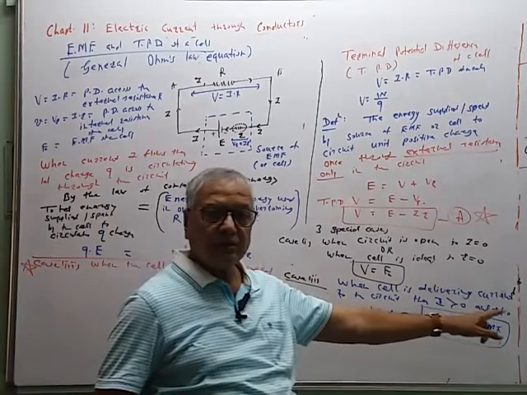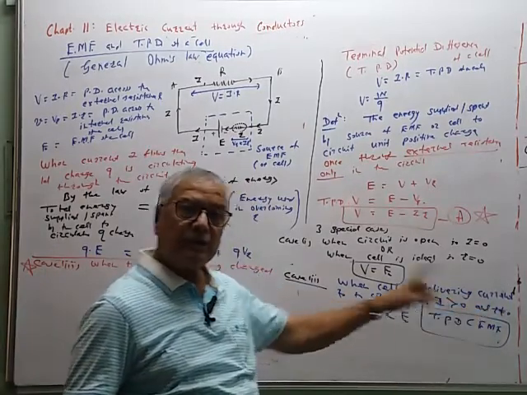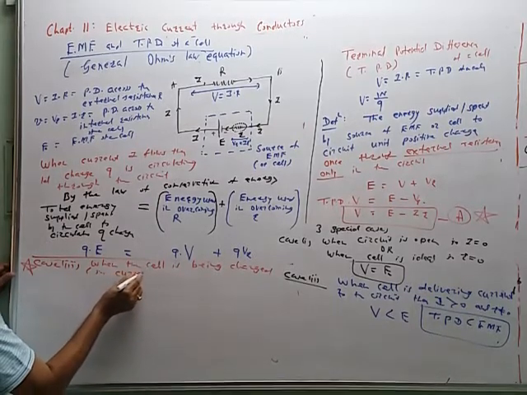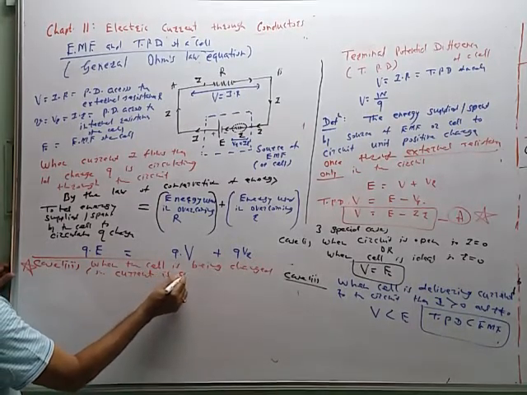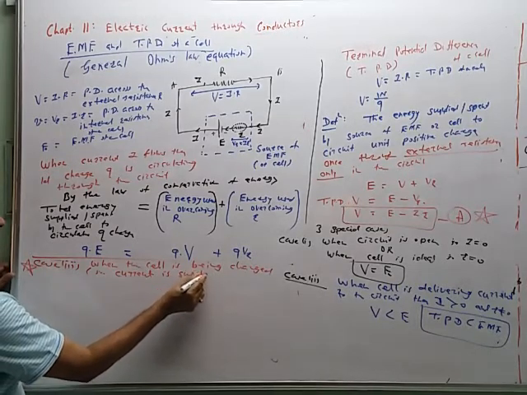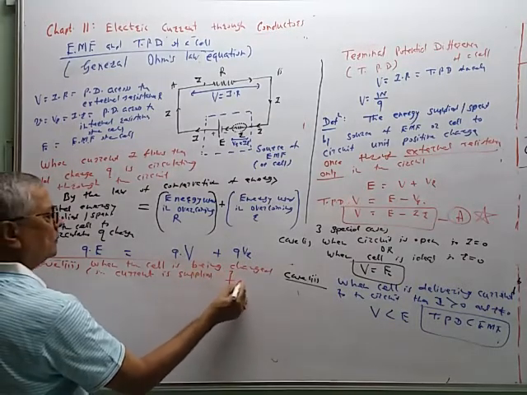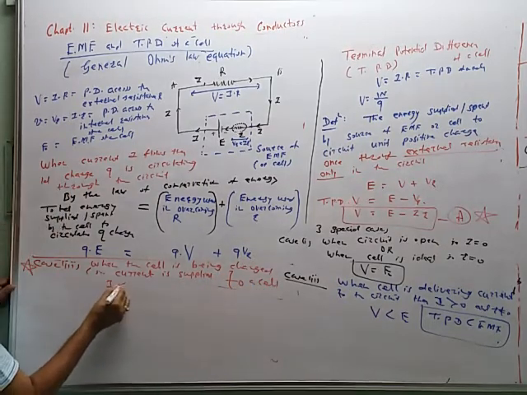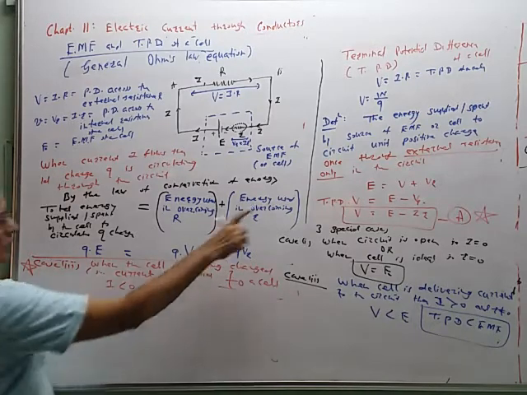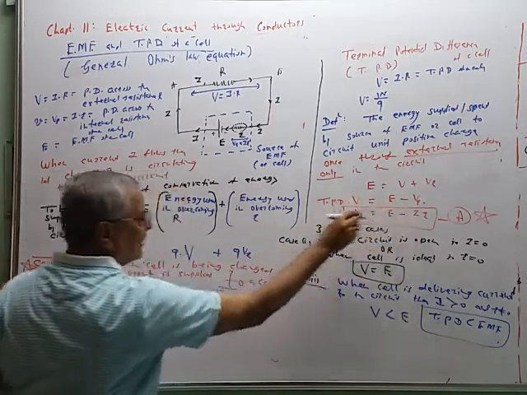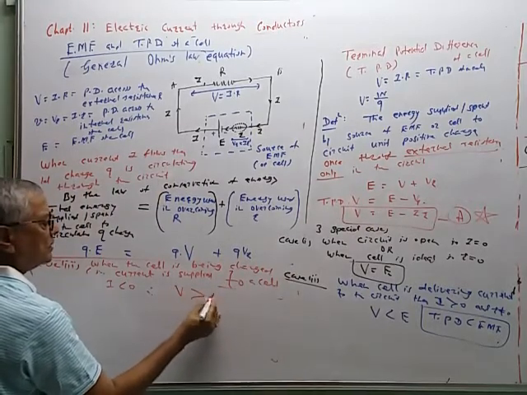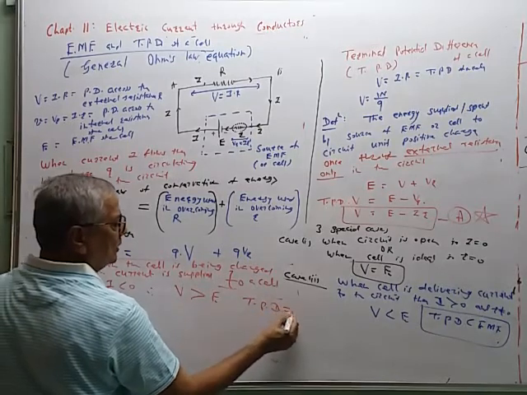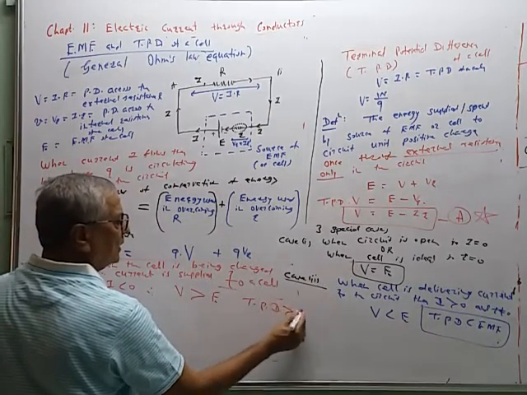Current is supplied to a cell. So in this case, I is negative, and therefore, if you substitute in this equation, then E plus, minus minus will become plus, and in this case, V is greater than E. So terminal potential difference is greater than EMF of a cell.